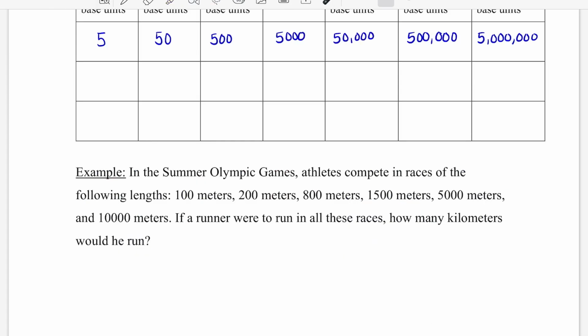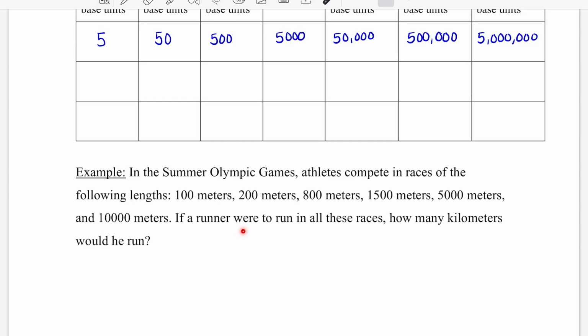Example: in the Summer Olympic Games, athletes compete in races of the following lengths: 100 meters, 200 meters, 800 meters, 1500 meters, 5,000 meters, and 10,000 meters.